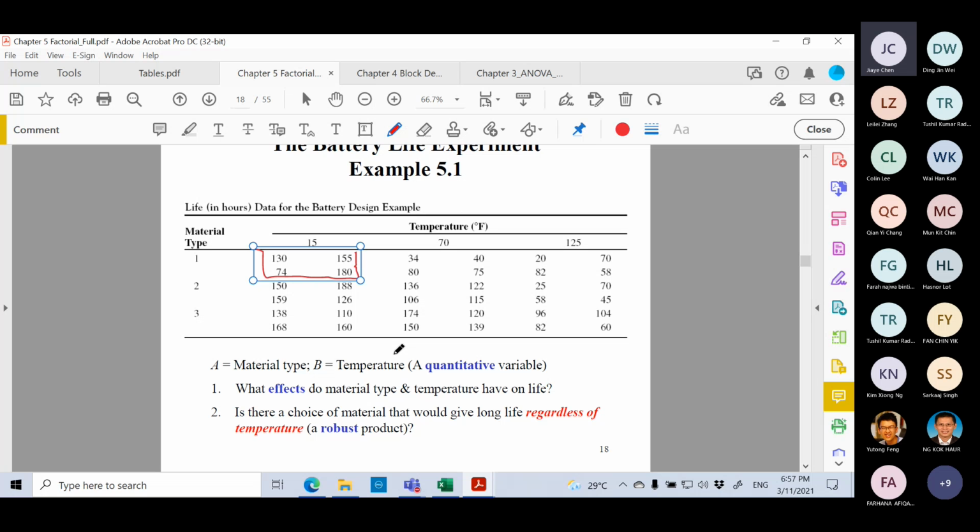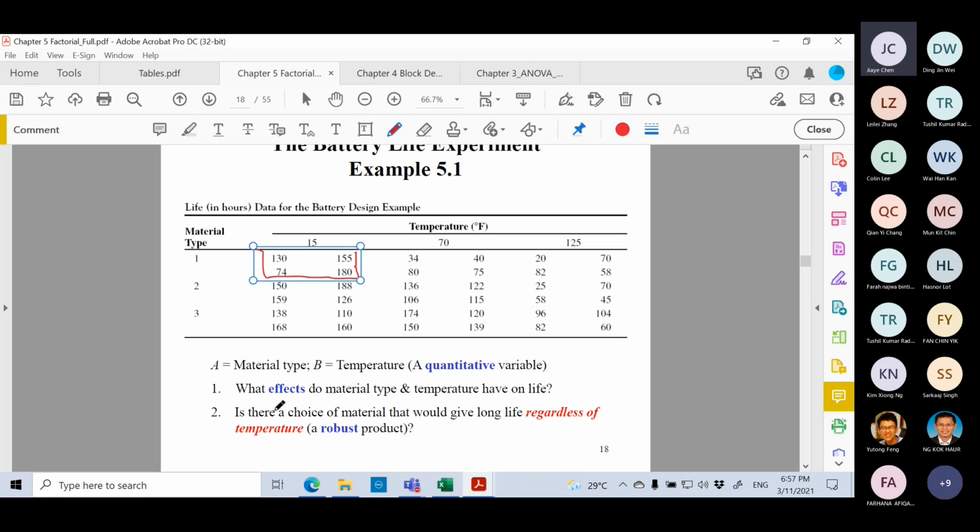This is the first thing. Does using a different material type affect the life of the battery? Or does using a different temperature affect it? Is there any difference? These are the 2 things that will affect the life of the battery. So is there any choice of material that will give a long life regardless of the temperature?